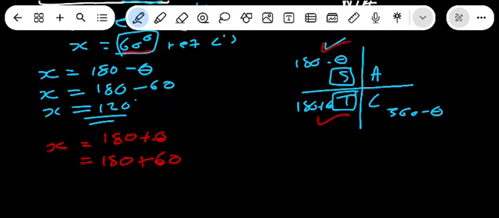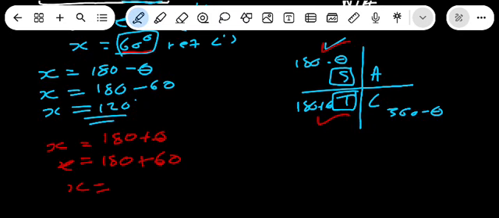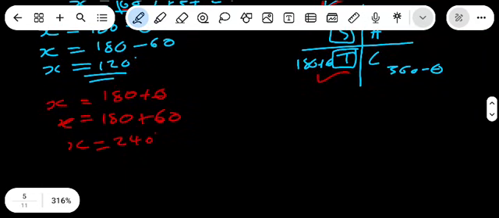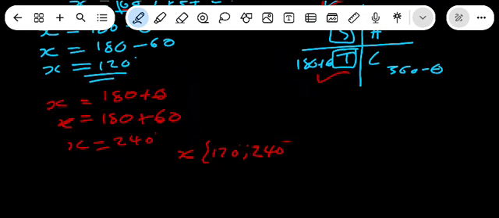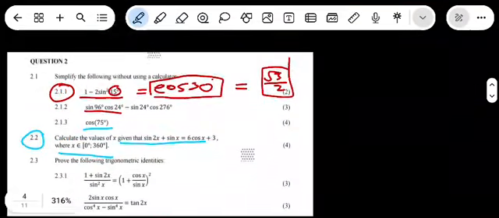Now this will be equal to what now? 240 degrees. So you have two values of x. The values of x that we've obtained so far are 120 degrees and 240 degrees. All right, then you obtain your full marks here.